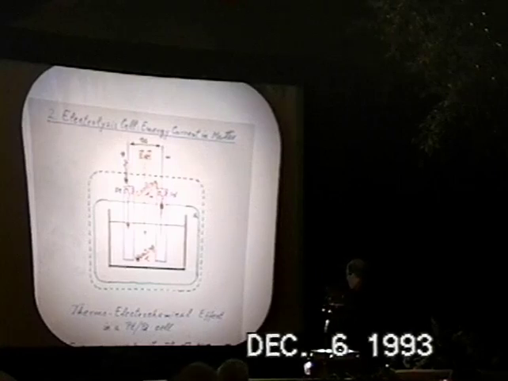Here I show a scheme of the electrolysis cell and the thermoelectrochemical effect on the example of a platinum palladium cell.